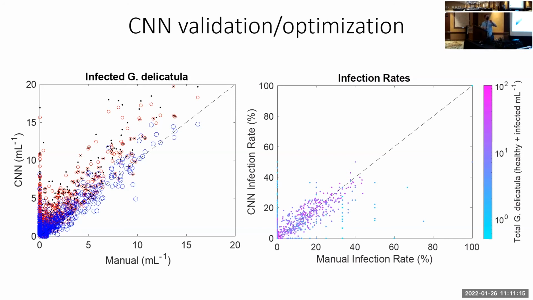Although the CNN does not perform particularly well at low host abundance, when the host is reasonably abundant, greater than about 10 per mil, we do a very good job quantifying infection rates. Since you may not be familiar with phytoplankton parasitism, I thought it'd be important to point out that our infection rates go up to about 50% when the diatom is that abundant. So this could represent a significant loss term, at least for this particular diatom population.